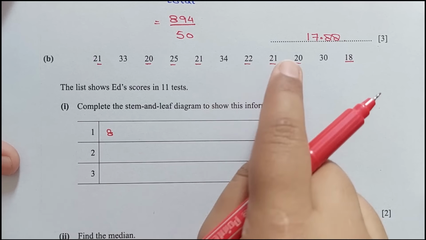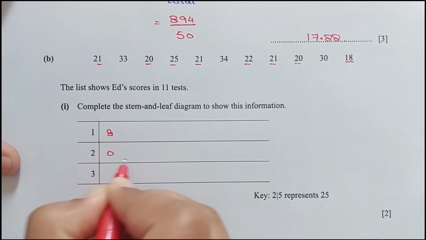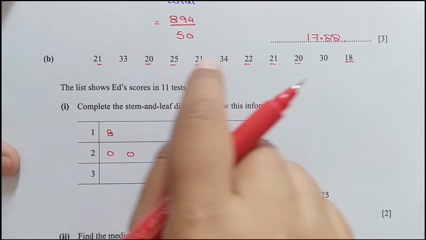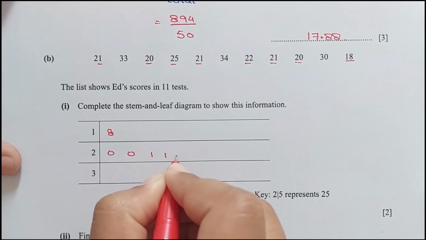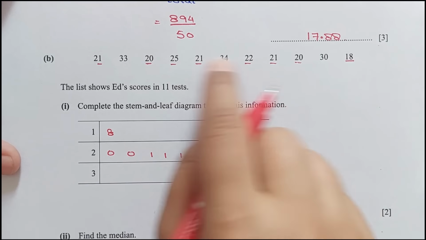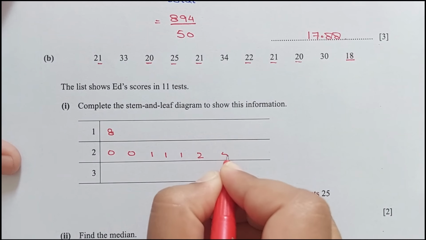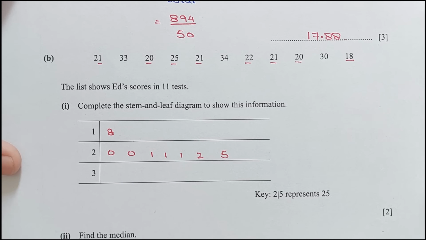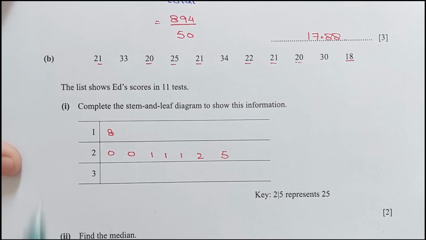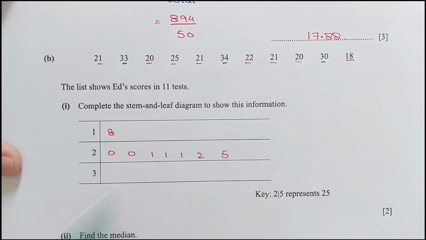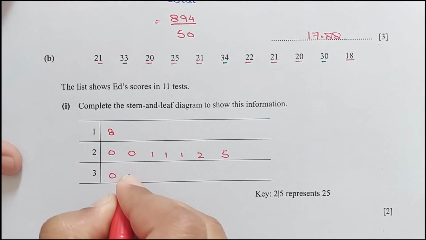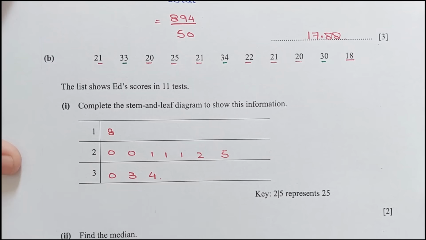So 2 times we have 20, 0 and 0. Check 21, 21, 21, 21. 3 times we have 21. And then 22 and 25. Now with 30, what we have? 33, 34 and 30. So first it comes 30 and then 33 and then 34.